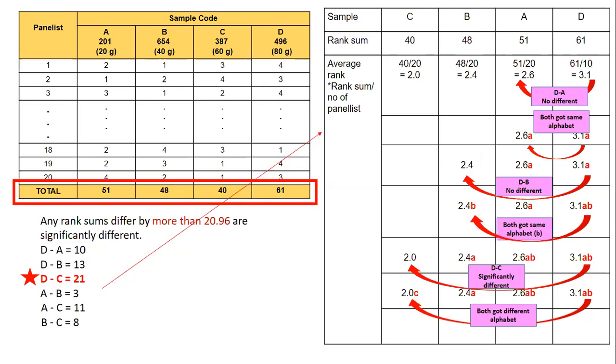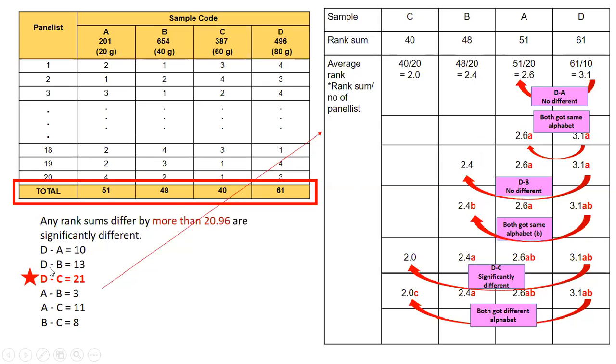Since we start with sample D, which receives the highest score, we can give A. We start with A, so 3.1A. This one 2.6A, meaning that there is no significant difference between sample D and sample A.